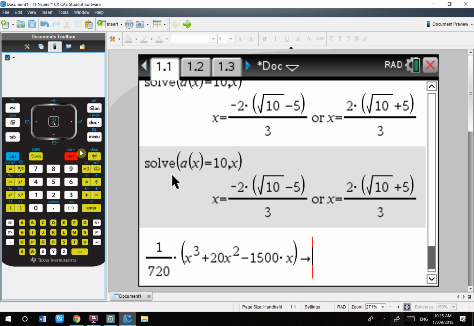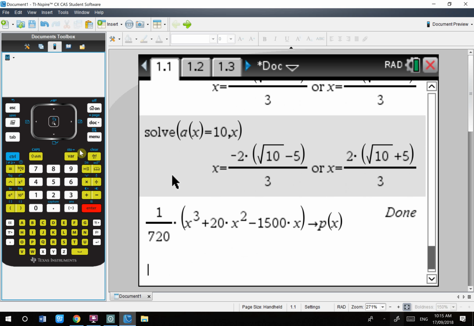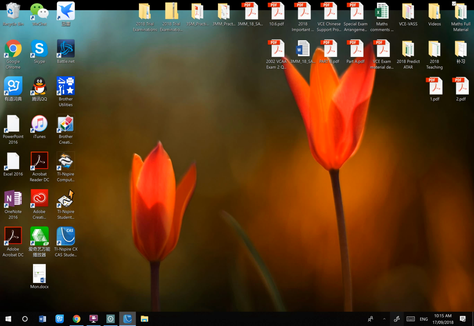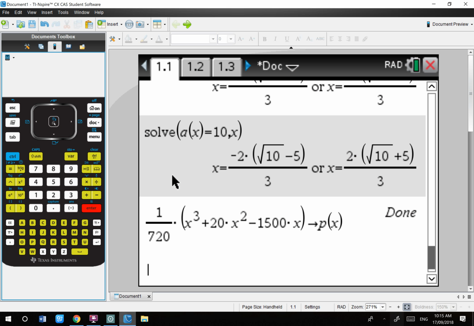What do you want to name this? I've used f, I've used a. I can use p. So p bracket x. I can give any letter. p comma x. Done. So this function is with the name p here. And then I want to solve for the x-intercept. How can we solve for the x-intercept?